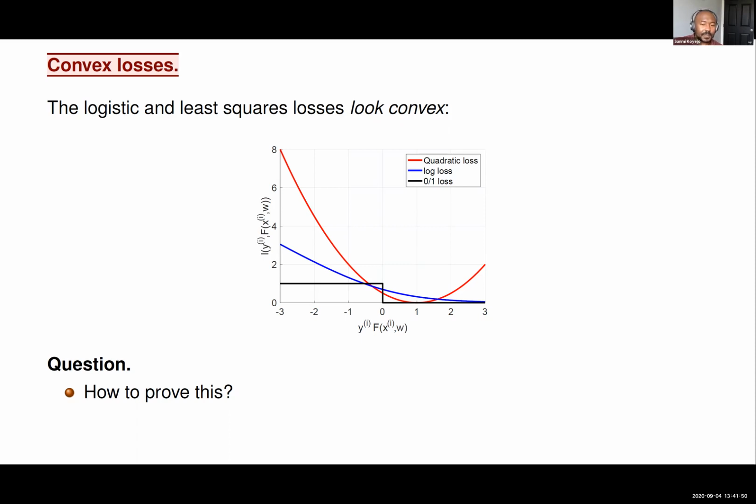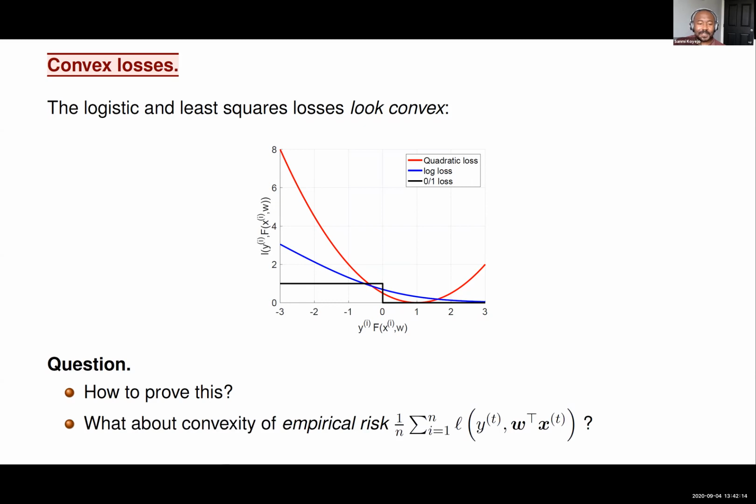Either show it directly with the epigraph or use the rule that we just talked about. So show that for all pairs of points, the function of the weighted average is always less than the weighted average of the function. Okay, so we'll talk about how to prove these properties.